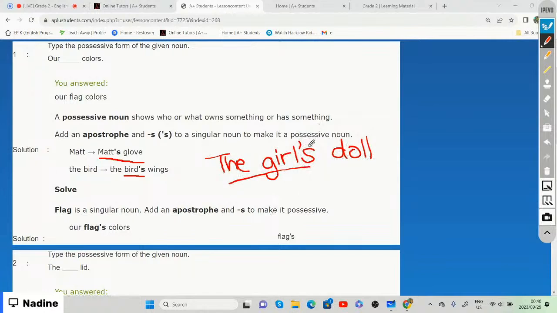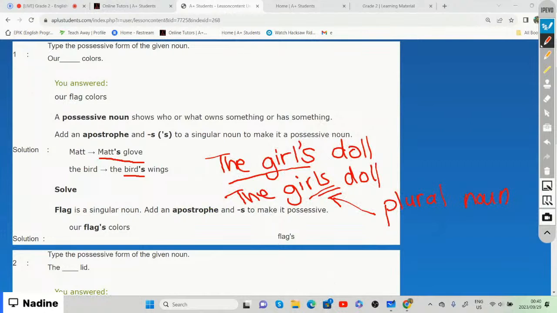So we put the apostrophe and the S. Remember, if you do not put the apostrophe and the S, and you just say the girls doll, no apostrophe, then it means that you are making mention of a plural noun, not a possessive noun, right?